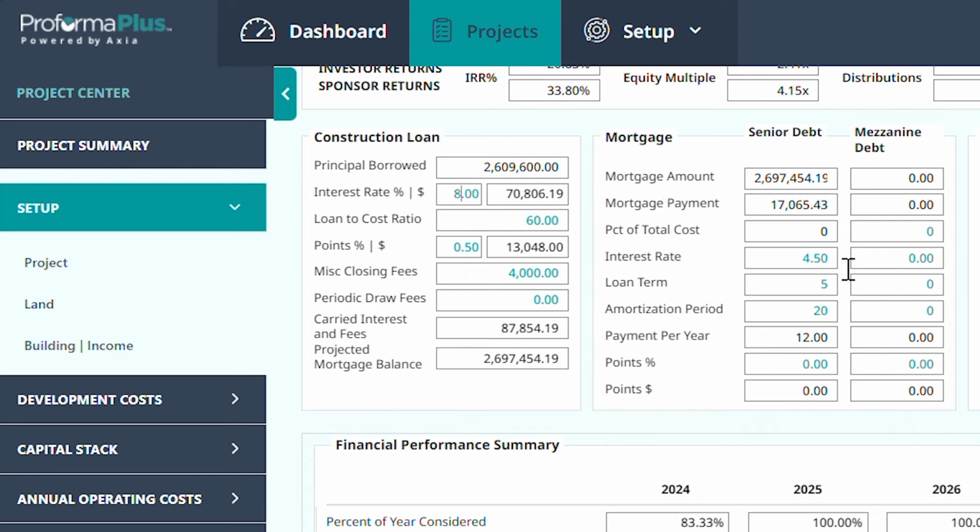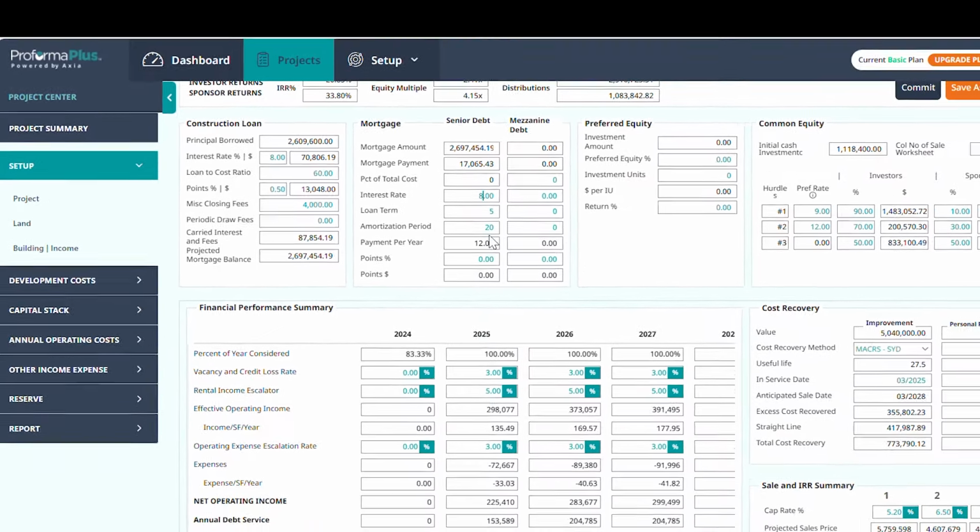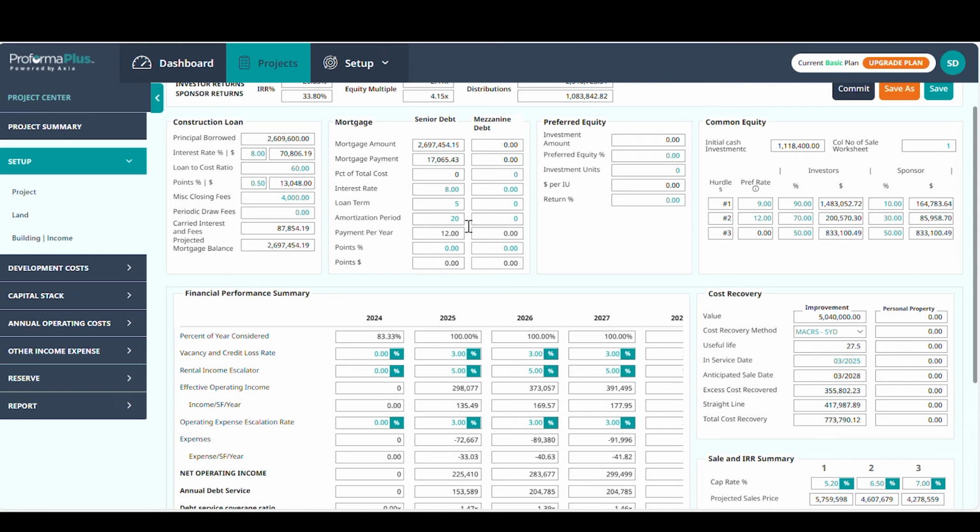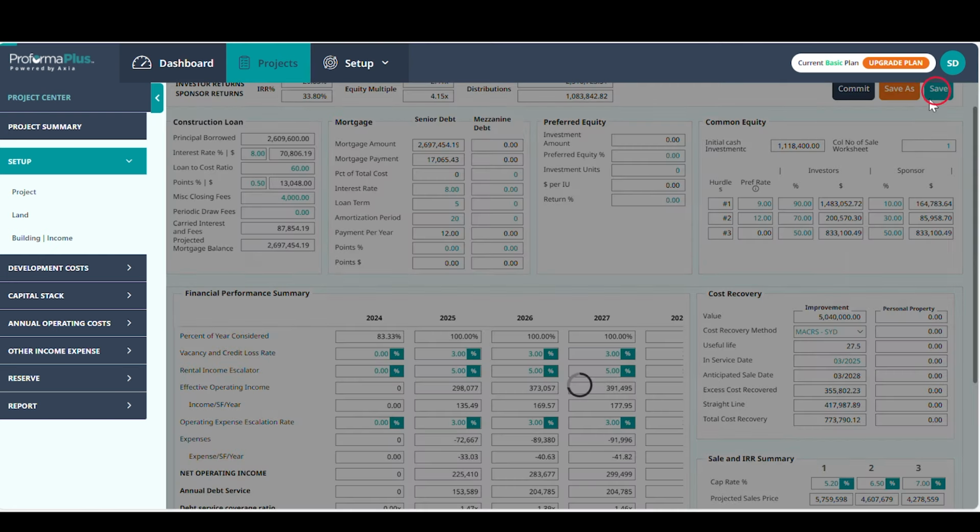On my senior debt or my long-term mortgage, again, I'm moving from 4.5%, and I'm going to go ahead and use 8%, which is what the term sheets I'm getting today show. Still got a 5-year loan term, and then I'm going to recalc with that information to see where my new debt service coverage is.